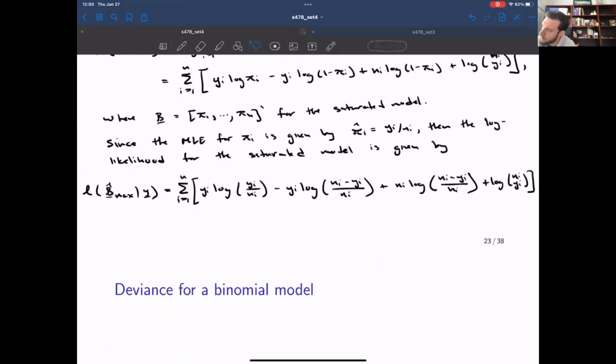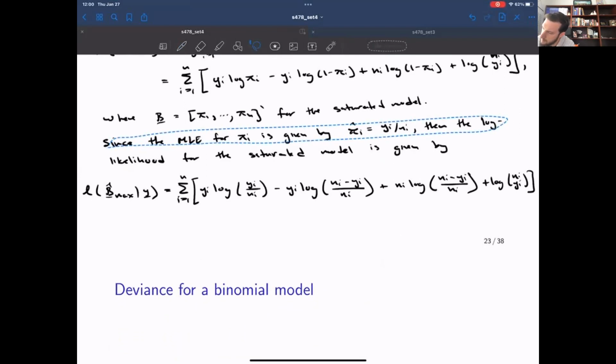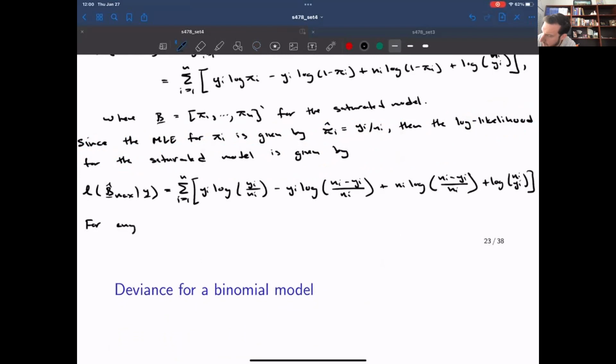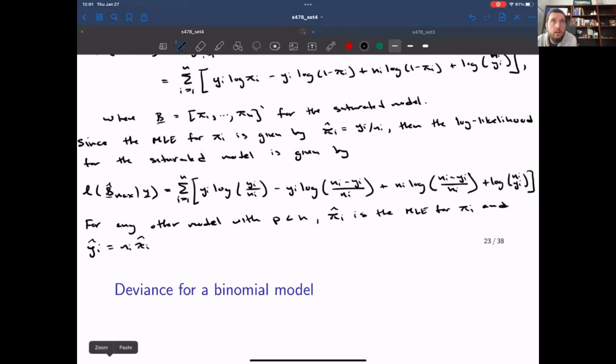And then we can say for any other model with p less than n, pi_i hat is the MLE for pi_i, and y_i hat equals n_i pi_i hat are the fitted values.